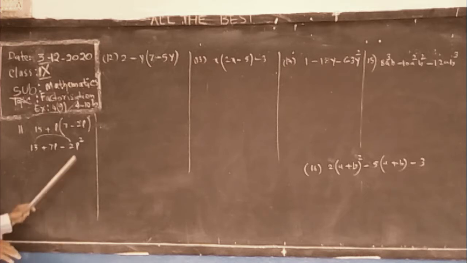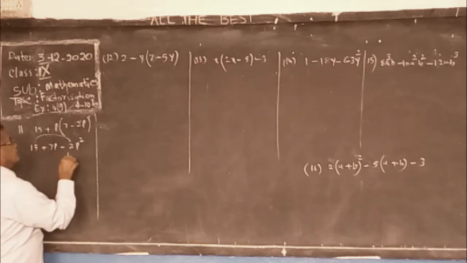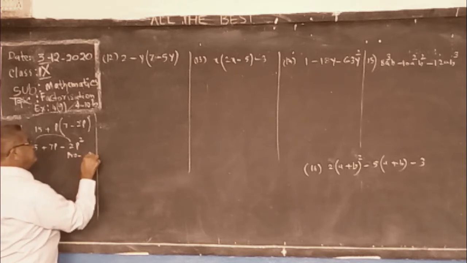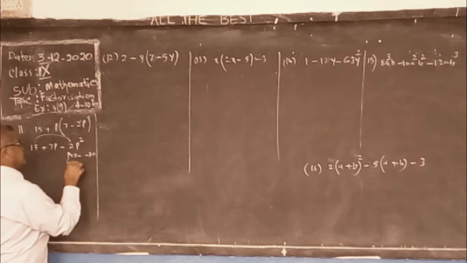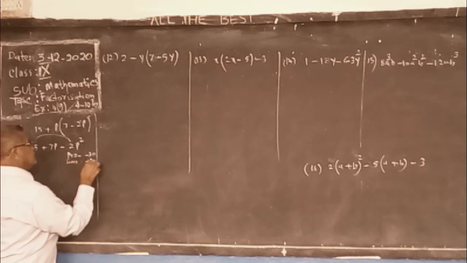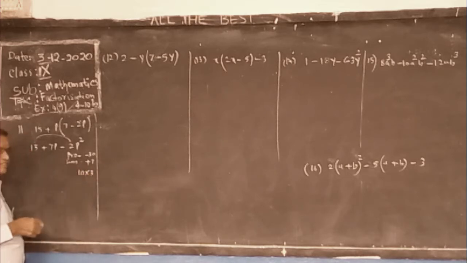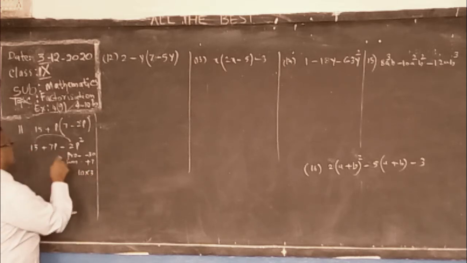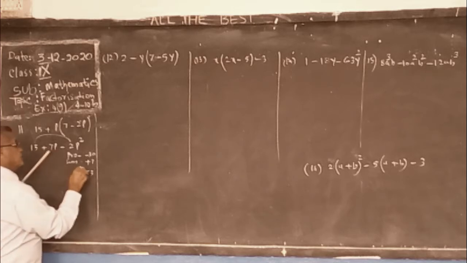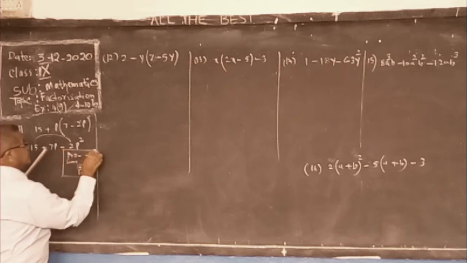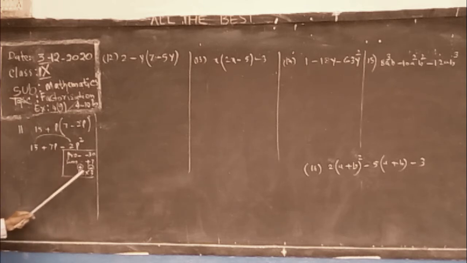So the product is minus 30 and the sum is 7. The possible numbers are 10 and 3. Since the middle term is plus, you put plus for the bigger number and minus for the smaller one. 10 minus 3 is 7, and 10 times 3 is 30, so minus 30p squared.